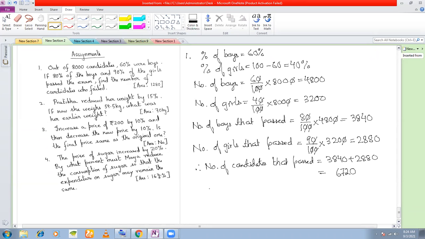So how many failed? Total number of candidates 8,000 minus 6,720, which will give you 1,280. Okay, clear with this? We can move on to the next problem then.